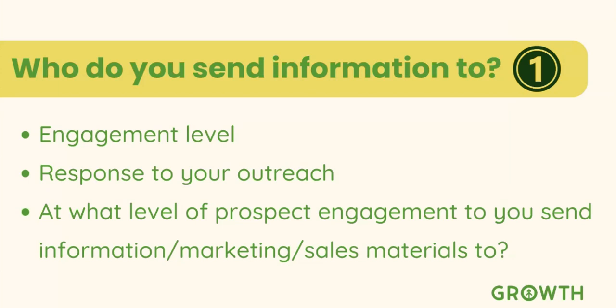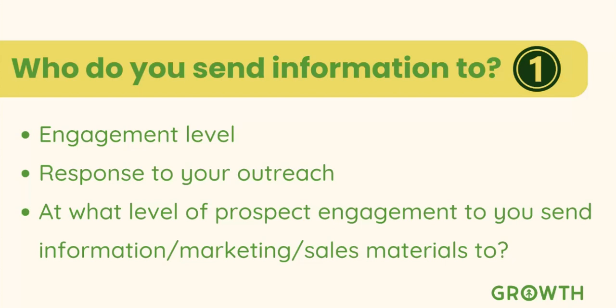Think of, are they in the market for your product? Is there a job to be done right now that they need? Or are they just looking around and somewhat interested? Imagine someone wanting information about your blog who found your article interesting, versus someone that wants to buy your product or service. We're going to engage at a different level.